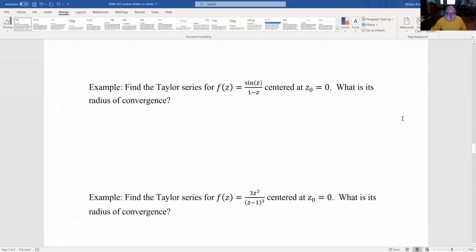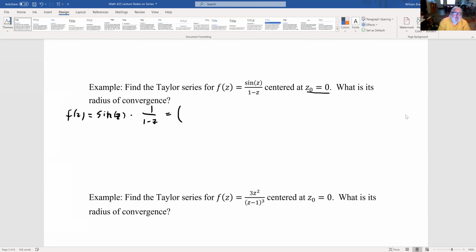So how do we find the Taylor series for f of z equals sine z over 1 minus z centered at z0 equals 0? Well, sine z times 1 over 1 minus z, that's the function we're looking at. Sine of z, what's our Taylor series?